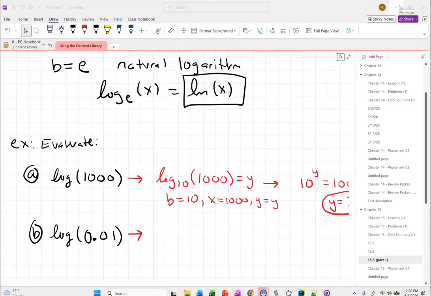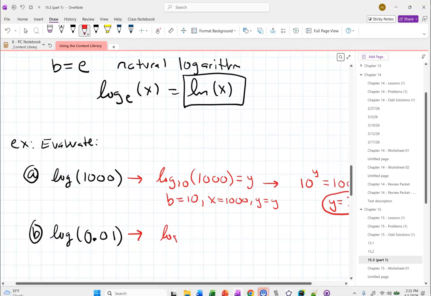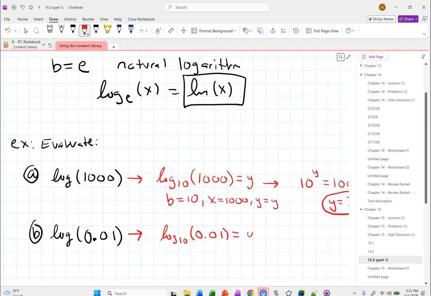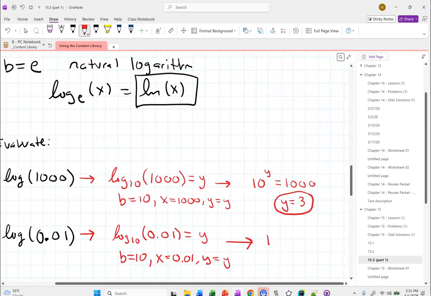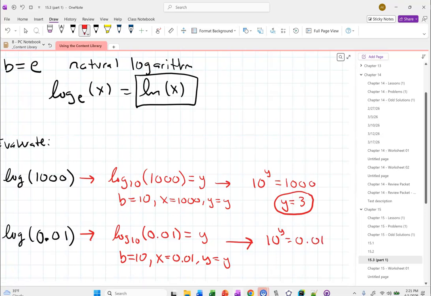If I have log of 0.01, what is the base of that logarithm? 10. So I'll make that a logarithmic equation. Identify my b, x, and y. I can recast that now as an exponential equation. What power of 10 is 0.01?